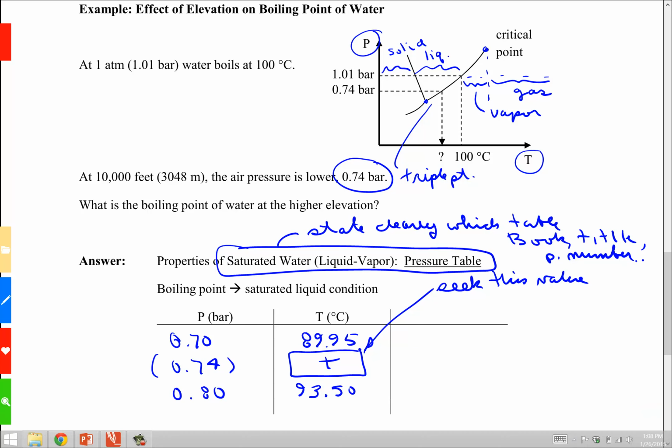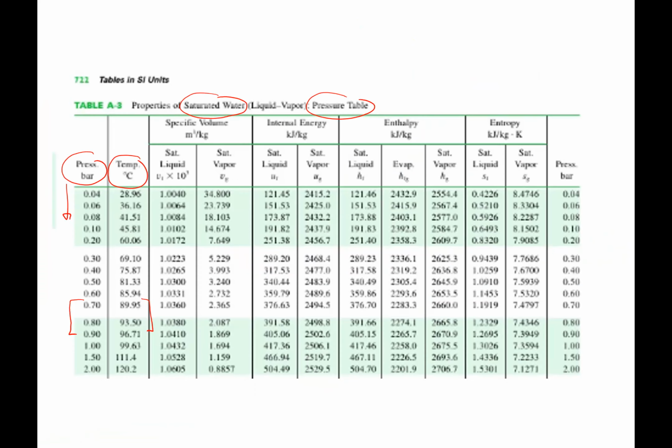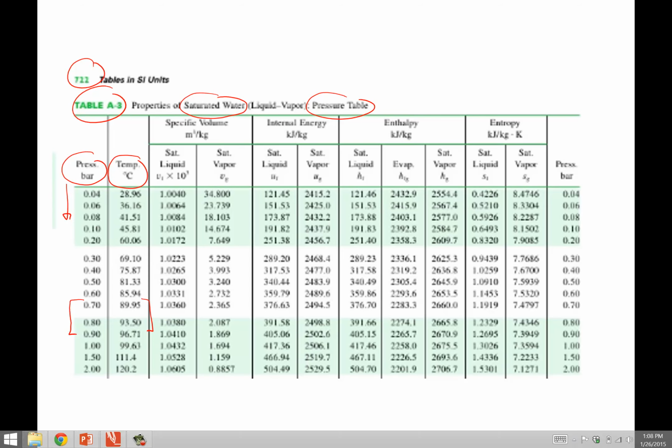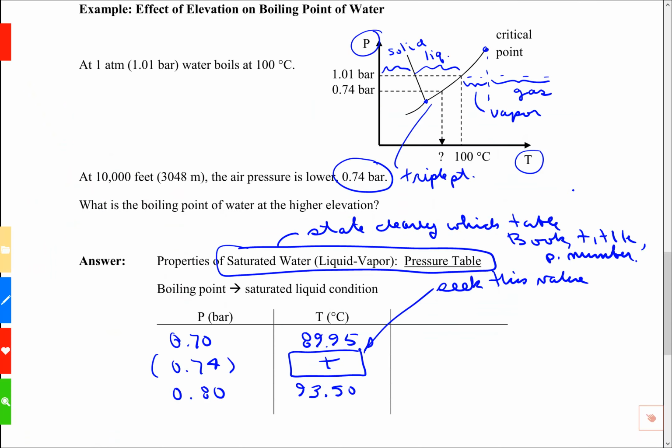So in this case, let's go back and peek over the other table. In this case, I want to say page 722, table A3. And this is an example, a typical table. So page 722, table A3, from this source. The reason you do that is so that a future you can find it, or so your instructor can understand what you've done, or your boss can understand what you've done. It's very important to state clearly where you get your values.